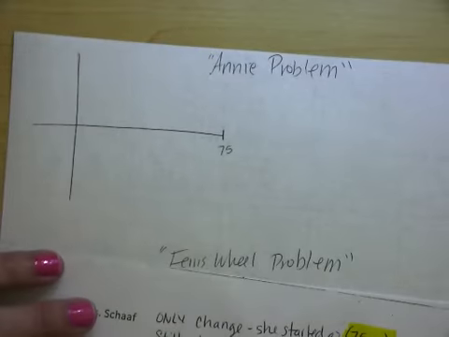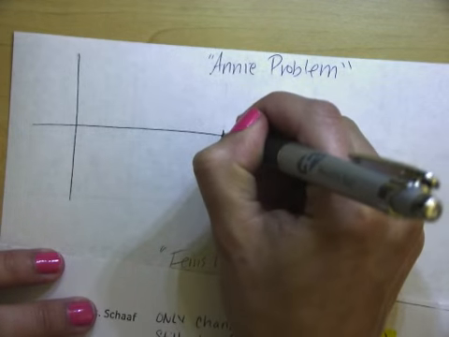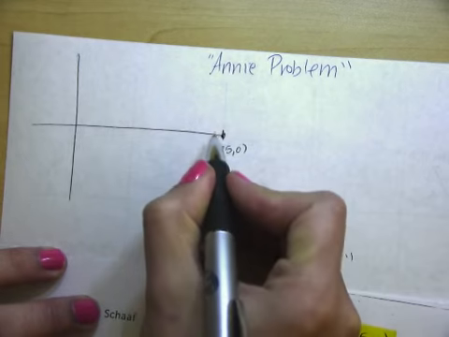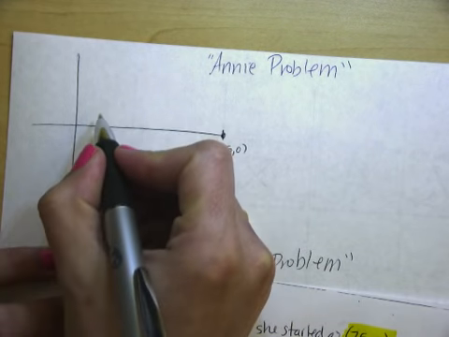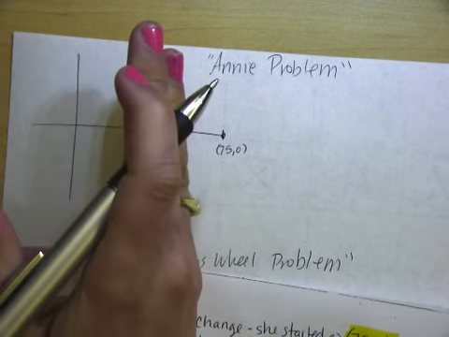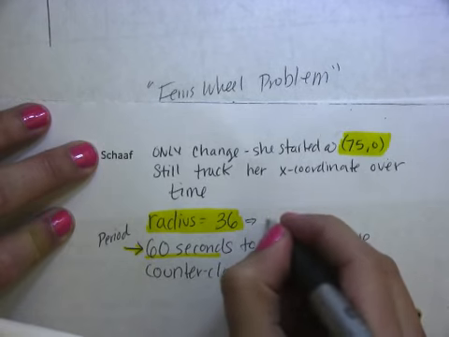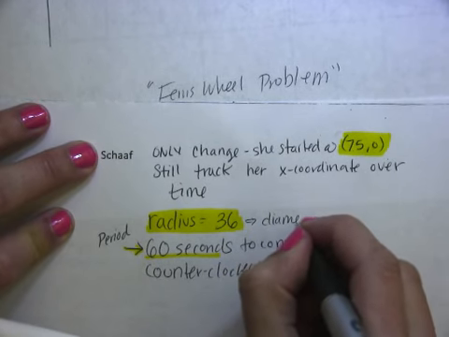So if we graph the circle that she's walking on, we see that she's starting out here at 75.0. And I know if I draw a circle, it's going to come back around and stay on the positive side of the x-axis, because with a radius of 36, the diameter is twice the length of the radius.